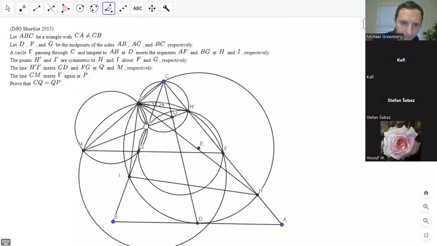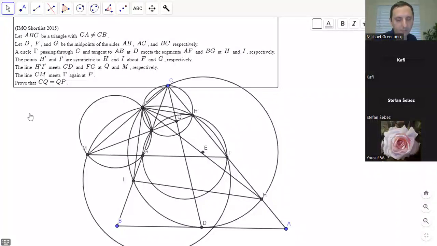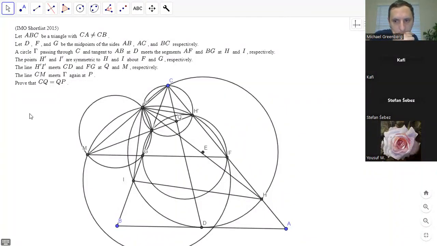Inversion at P. So if you can find a good circle, let me know.